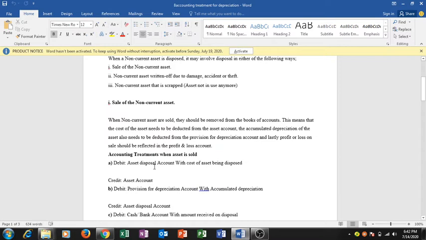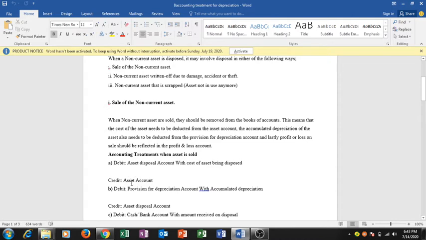If, for example, it was furniture that was bought at 10,000, you remove it from the list of furniture. How do you remove it from the list of furniture that the business has? When that asset was bought, it was debited in the furniture account. Now that it is gone, we credit that furniture account, or the asset account. Remember, here we are using the asset account because fixed assets are of different categories.